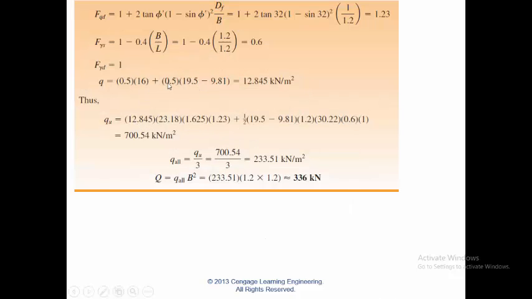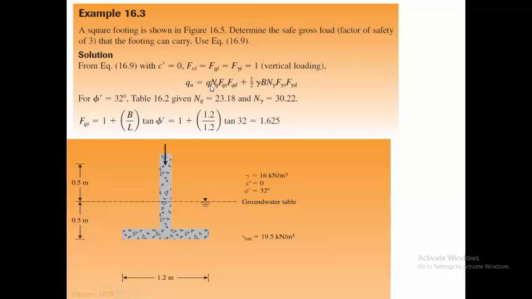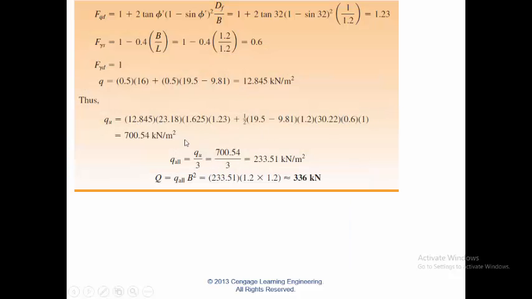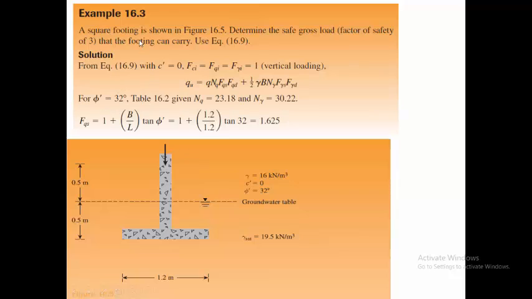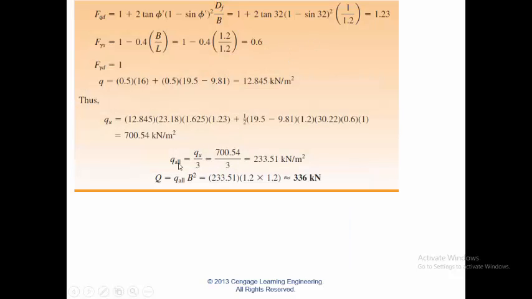So q is 12.848. Then using the formula, substitute everything, and we will come up with 700.54. Then the same process: because the question is the safe gross load, you need to calculate first the q allowable, then multiply by B squared, giving 336 kilonewtons.